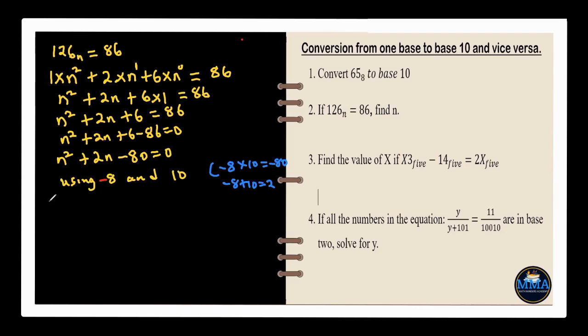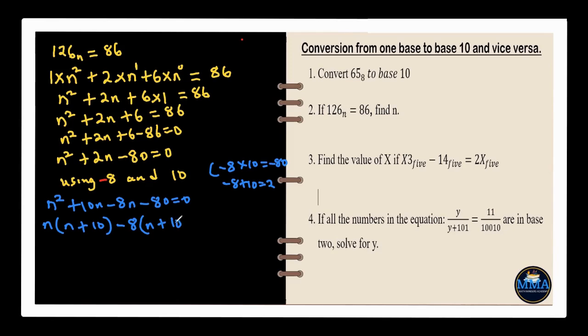Now we factorize. We are going to have n squared plus 10n minus 8n minus 80 equals 0. So from here, n is common. We take it, then plus 10. Now between this and this, minus 8 is common. We have minus times plus, which results in this minus here.